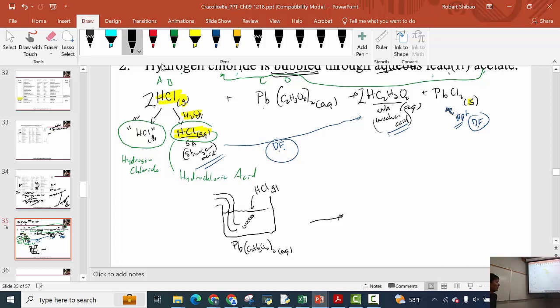Yeah, a precipitate of... So the precipitate I'll just hash out. It's going to be a solid precipitate of lead-2 chloride, PbCl2. And in solution, we're going to have what? Acetic acid.